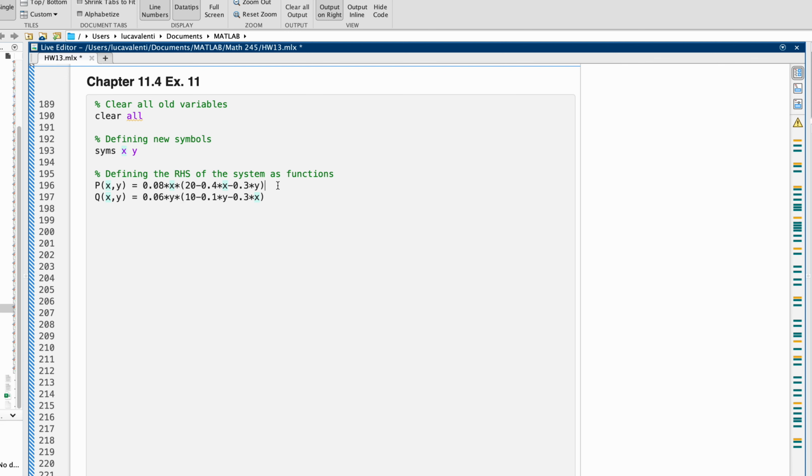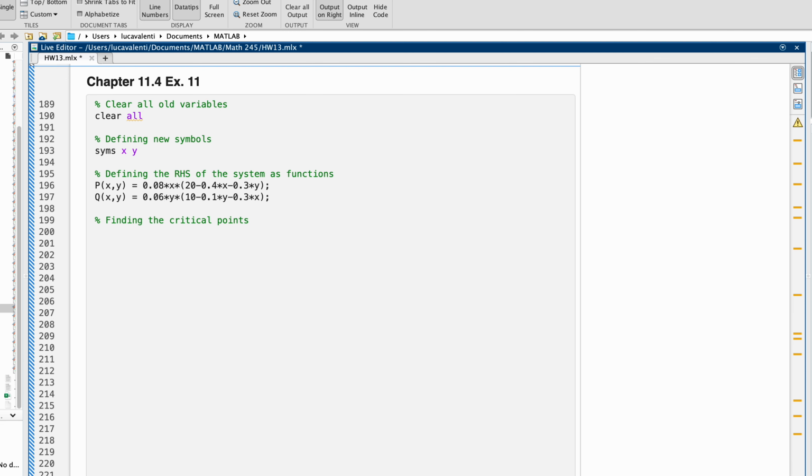We don't want these to output, so let me just make sure I wrote them right. 0.08 times x times 20 minus 0.4 times x minus 0.3 times y. And here is 0.06 times y times 10 minus 0.1 times y minus 0.3 times x. Okay.